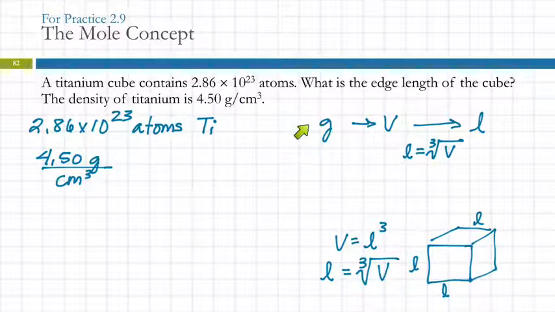So there's atoms, there's grams. I'm missing something in the middle, moles in the middle. So I can convert atoms into moles, and I can convert moles into grams. Yes? So if you went from atoms to moles to grams, and then just threw in density at the end, but inverted, could you then take the cube root of that answer or no? Yeah. It's just a different way of thinking about exactly what we're going to do.